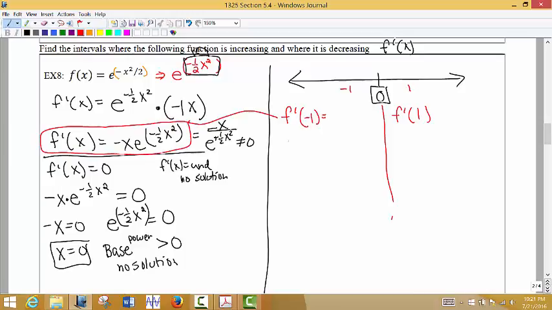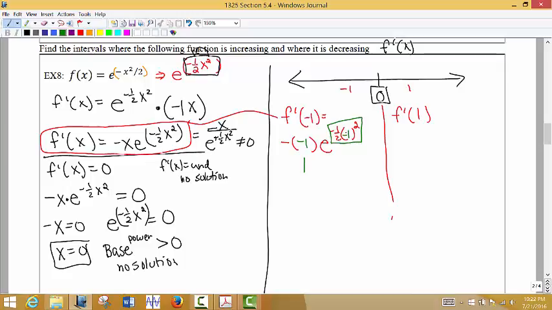Alright, so f prime of negative 1. So everywhere we have an x, we're going to put some parentheses, and then we'll put our negative 1 inside. Negative times a negative, we get a positive 1. And let's think about this for a second. All we want to know about is whether this is going to turn out to be positive or negative. All of this combined, it really doesn't matter what the exponent is.